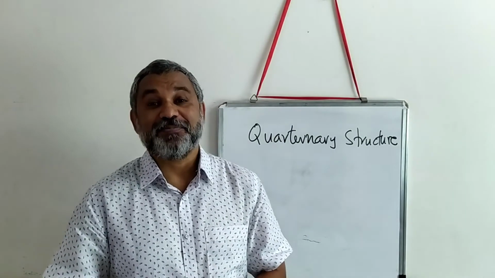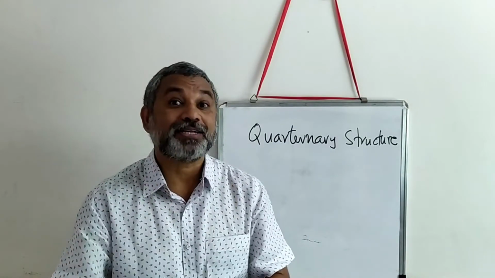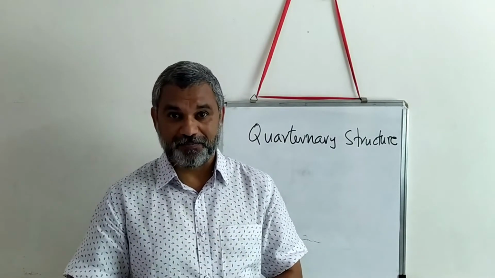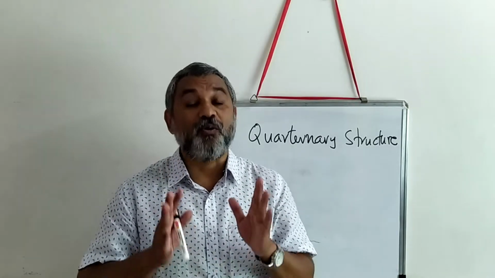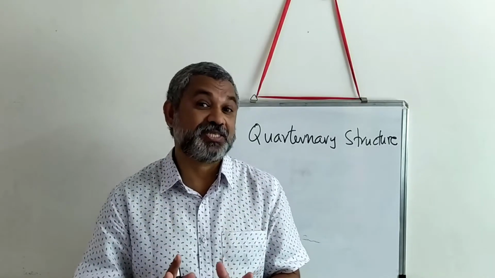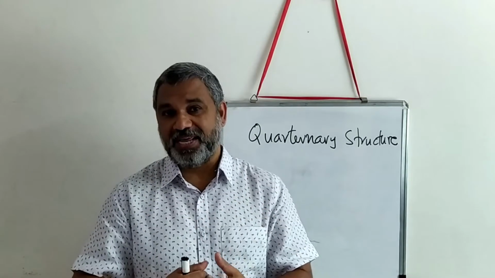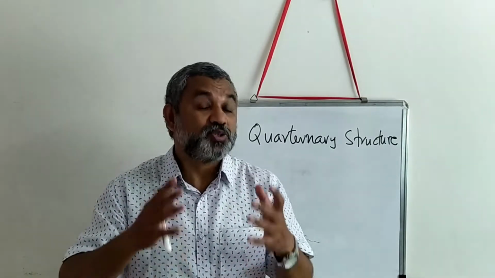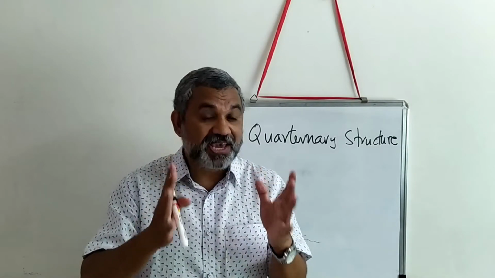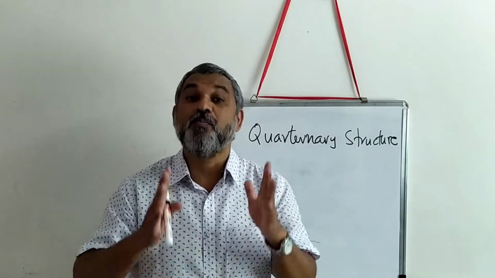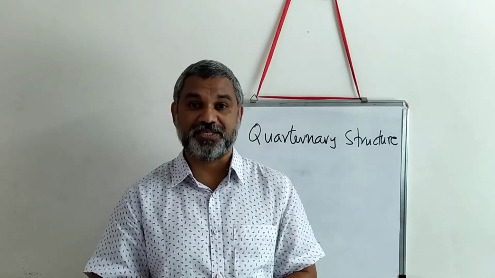Now let us discuss the quaternary structure of a protein. Two-thirds of all the proteins in a mammalian system have quaternary structure. What does that mean? It means that two-thirds of all the proteins that we have are made up of more than one monomeric unit.